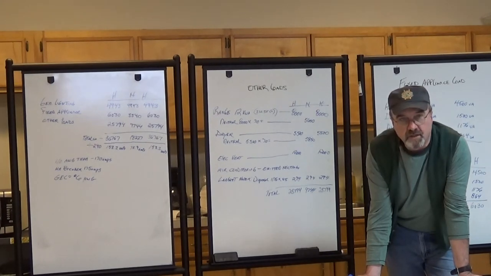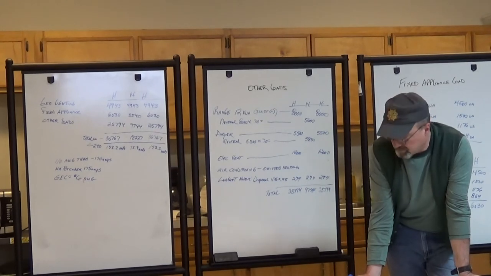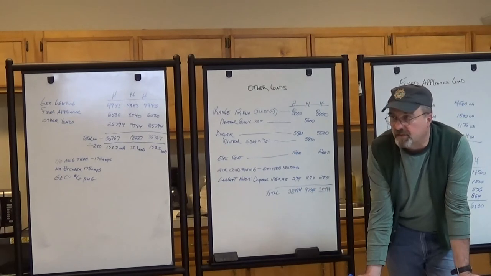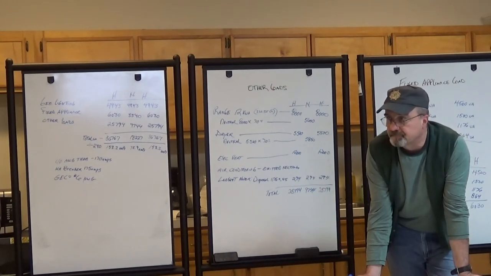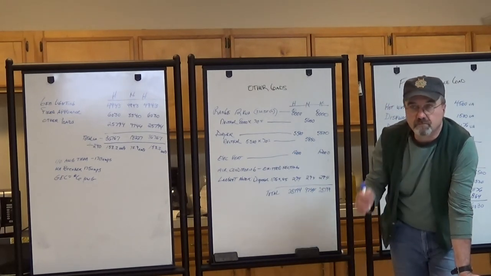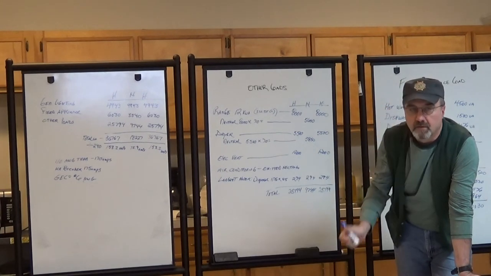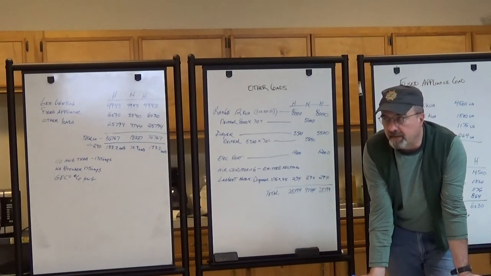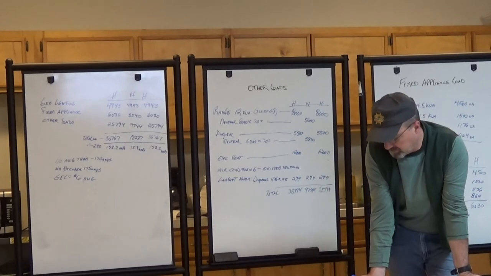Let's count the number of spaces we're going to need in that panel board. The general lighting load is how much? 4,050 VA. To find amps, what do we do?